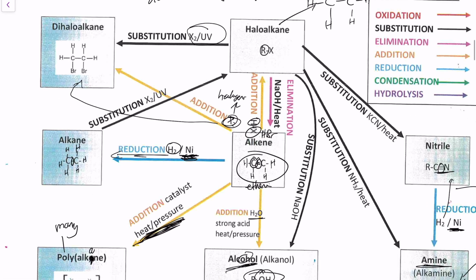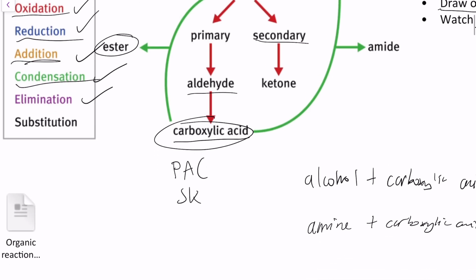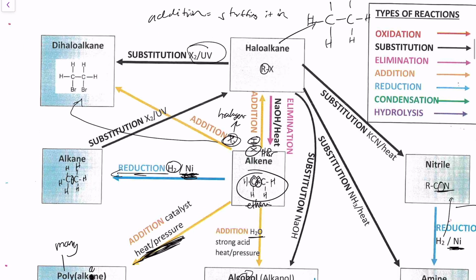So, for example, alkane to haloalkane, you can sort of understand why it's substitution because we're adding that X group to form that halogen within our alkane. Same thing if we do it for a dihaloalkane. We need an extra halogen. And so we're substituting that halogen in as well there.